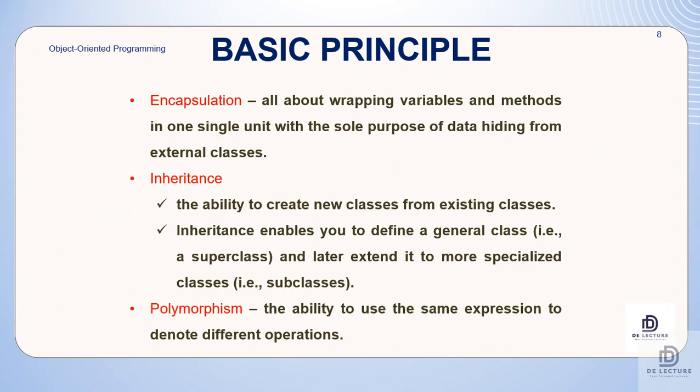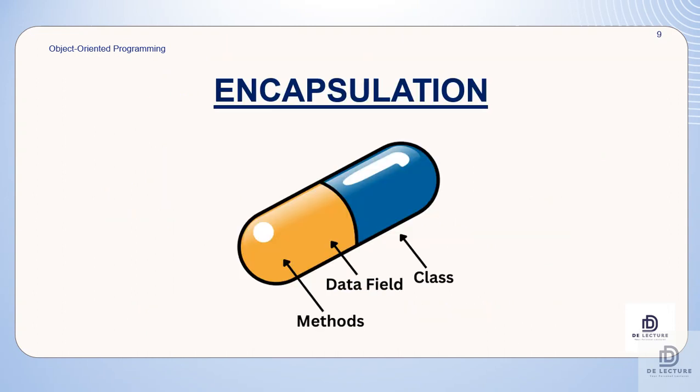Maybe let me show you a bit on a picture. This is what it means by encapsulation. Imagine these capsules here are your class, and your class is protecting the data fields and also the methods inside. Like what we know about a capsule, the capsule is hiding all the medicines inside itself.